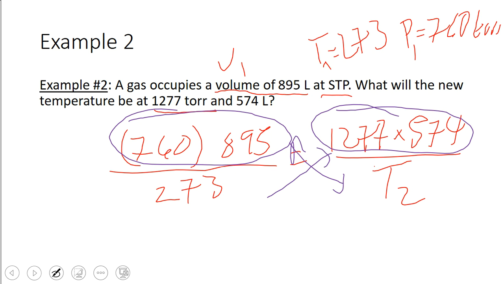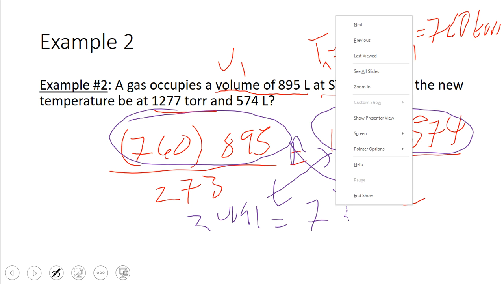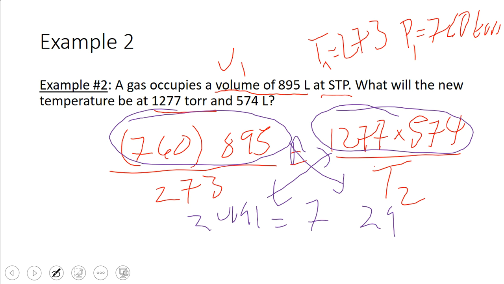After you get those as numbers, you're going to have to practice some algebra, but you should get, let me try that real fast. 760 times 895 is a huge number, divided by 273. So that's 2491. So this 2491 is equal to, and 1277 times 574 is a huge number, 732998 over T2.